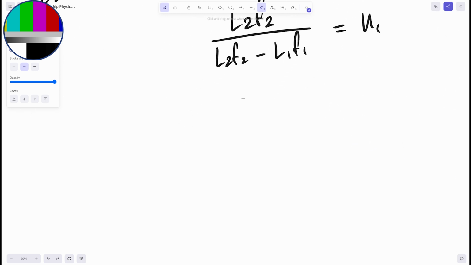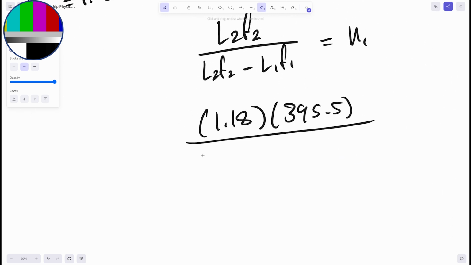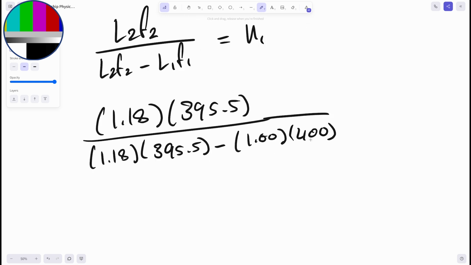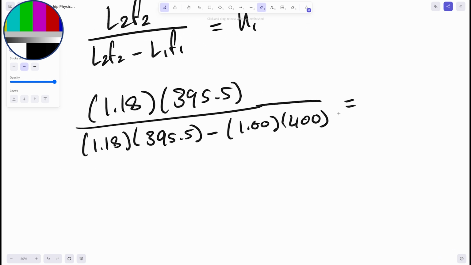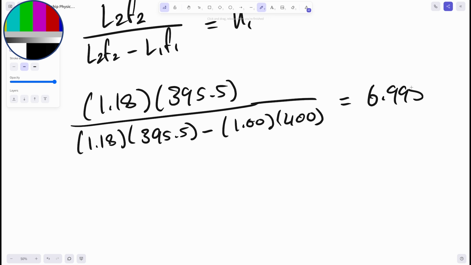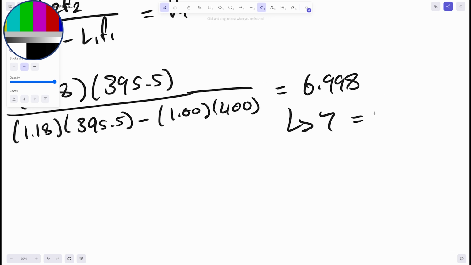So now plugging in our numbers, we get 6.998, and that's equal to 7, rounded up. So that means N1 is equal to 7, and so therefore there are 7 nodes present in the first string. There we go, and we're done.